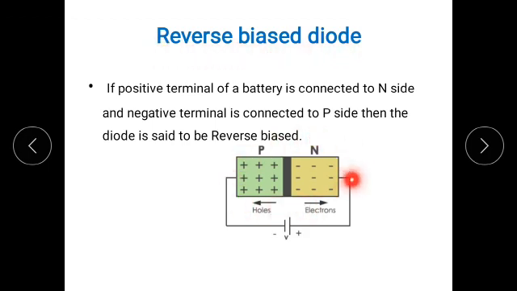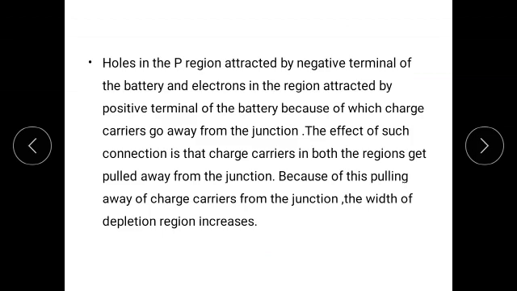Here the diagram is the same, only the connections are opposite. If the positive terminal of the battery is connected to the n side and the negative terminal is connected to the p side, then it is said to be reverse bias, and it is opposite to the forward bias p-n junction diode.